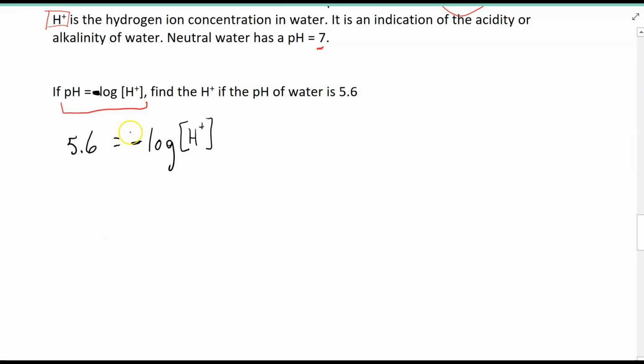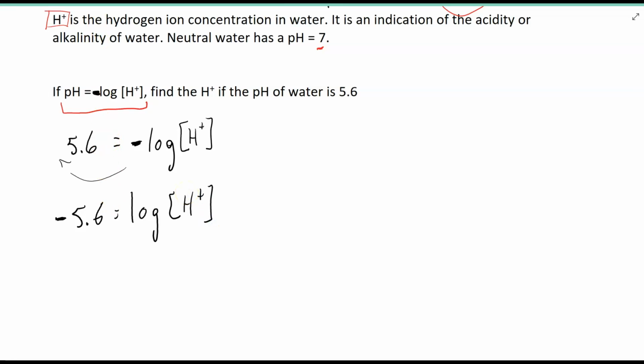Here we don't have coefficient 1, we have coefficient -1. So we should divide out by -1 or multiply by -1. Either way, it's going to change this negative sign from this side over to this side, right? So -5.6 equals the log of the hydrogen ion concentration.